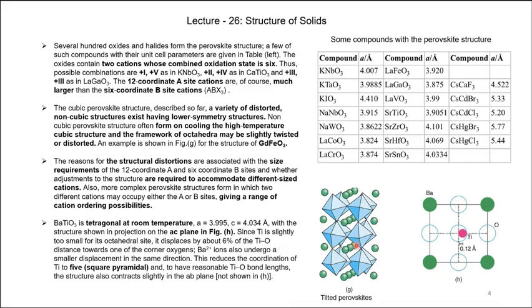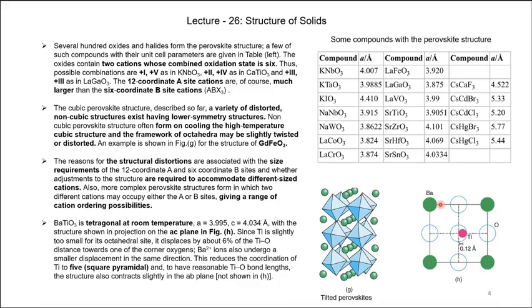And this is a tilted perovskite structure of gadolinium iron oxide, a twisted and tilted structure. Lower symmetry structures exist when the framework of octahedra is slightly distorted.